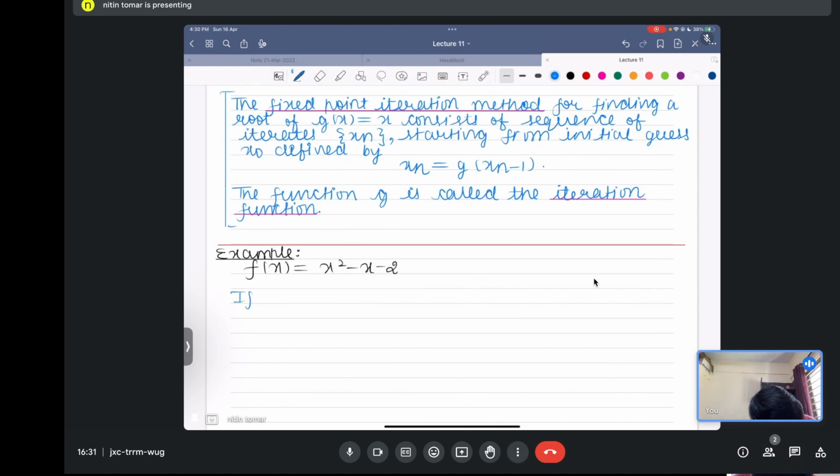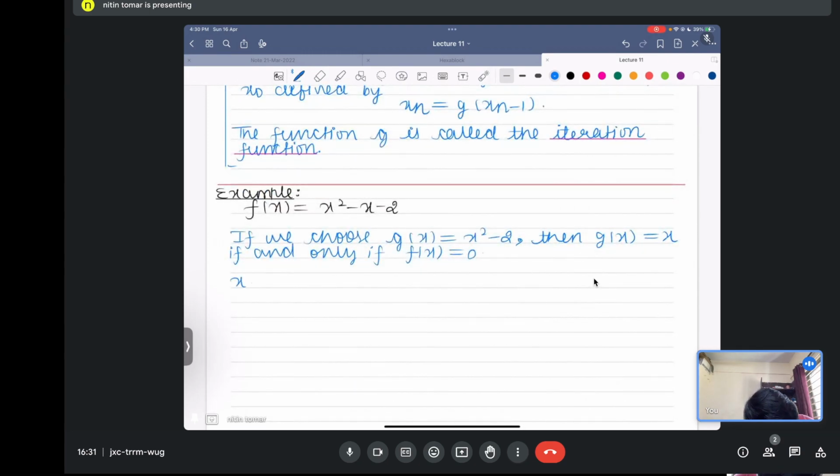So if we choose g(x) to be x square minus 2, then obviously, as we have discussed above, g(x) equal to x if and only if f(x) is 0, right?